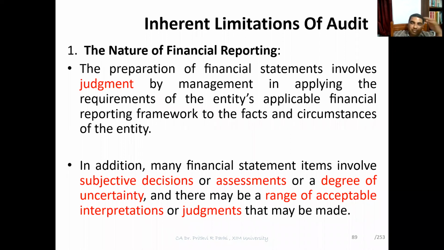Let us say a provision for bad debt has to be made. It is an assessment; management has to assess. Therefore, there are many situations where there will be a range of acceptable interpretations or judgments. Different people may say different things are right. Someone may say we'll recognize it as revenue, someone may say we should not recognize it as revenue. There may be a range of interpretations which will affect the preparation of financial statements.